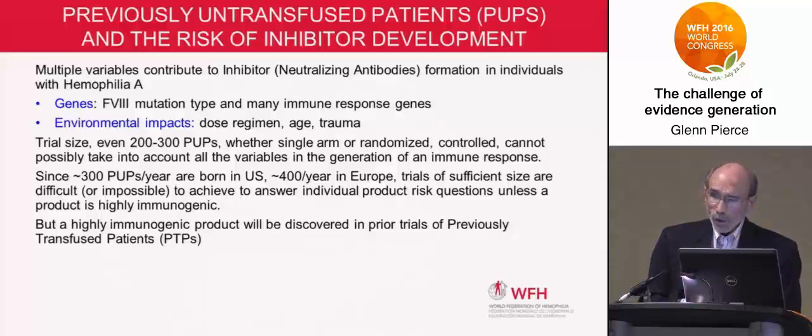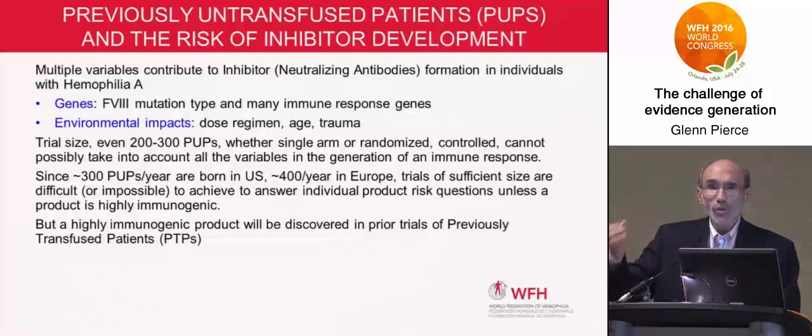And what I would submit is that the reason for doing those is to look for immunogenicity. But the sensitive indicator for immunogenicity really is the previously transfused patients. In previously transfused patients, which is where all these clinical trials start that evaluate new potential products, those patients have seen everything, and if they were going to develop an inhibitor because of genetic or environmental reasons, it would have happened.